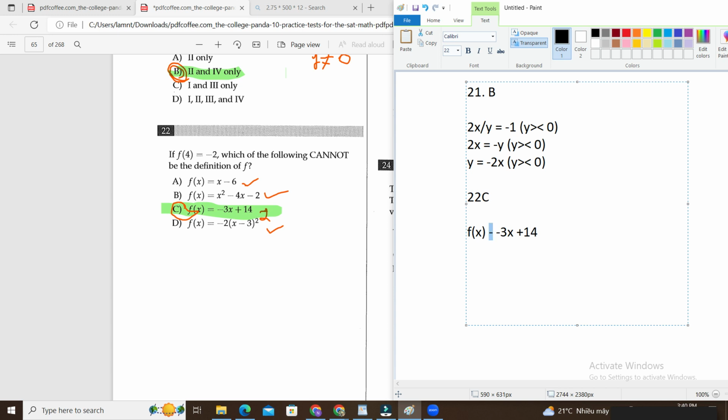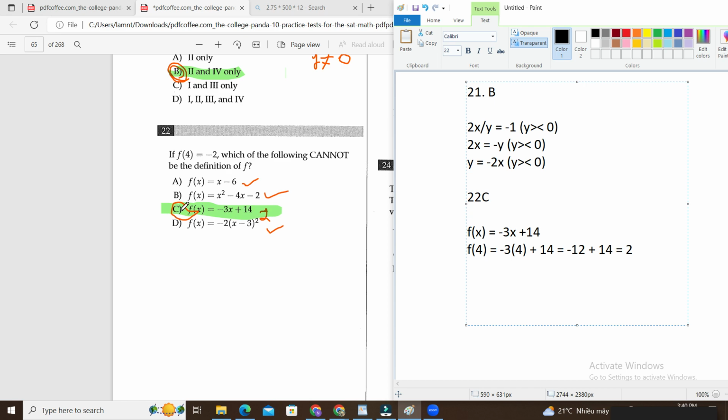So f(4) is just -3 times 4 plus 14, that is -12 plus 14, that's 2. That's different from negative 2, so it cannot be a definition of f(x).